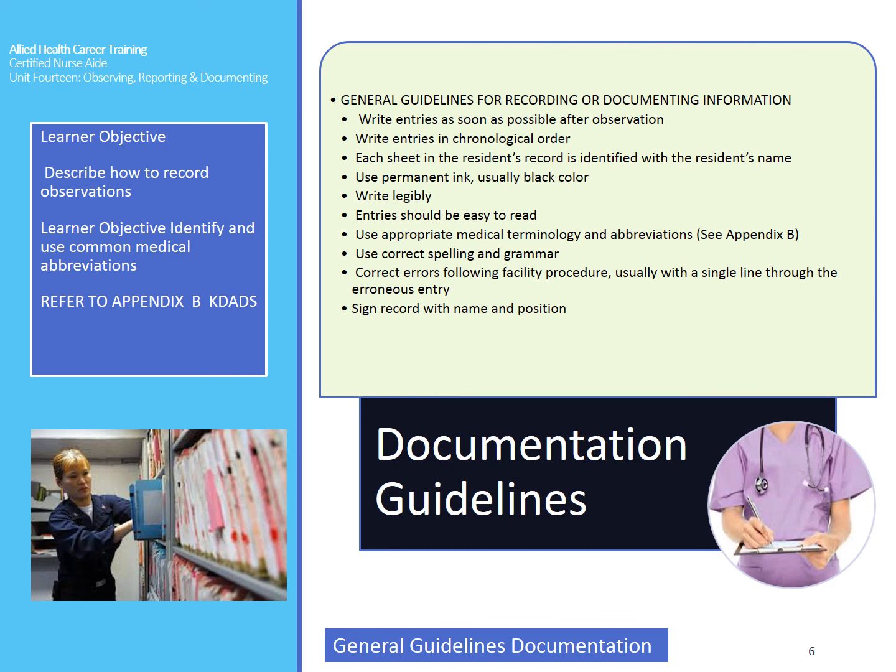Then you can write a line through it, initial it, and write your correct observation below. So that's what you can do if you make an error. Do not use whiteout, do not scribble it out, do not use multiple lines. One line with your initials.